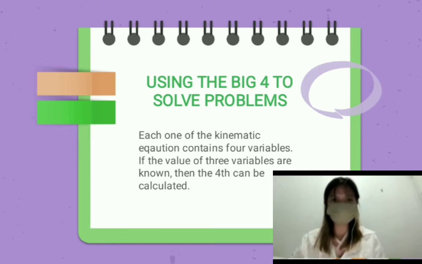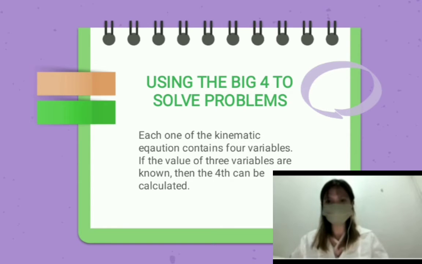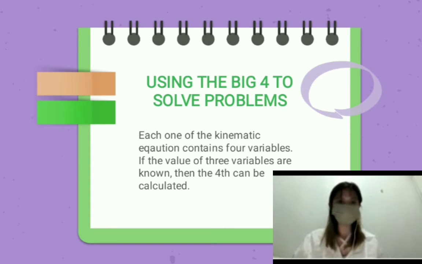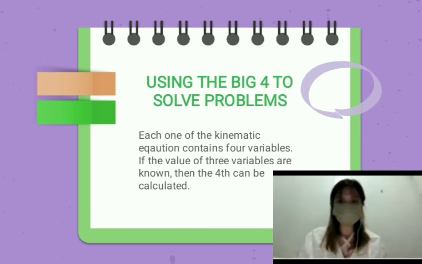In fact, each equation has 4 variables, 4 symbols, so the strategy that we use to solve a problem is to look through a problem like the one that you see here and try to find 3 known values in order to solve for the fourth variable in request.